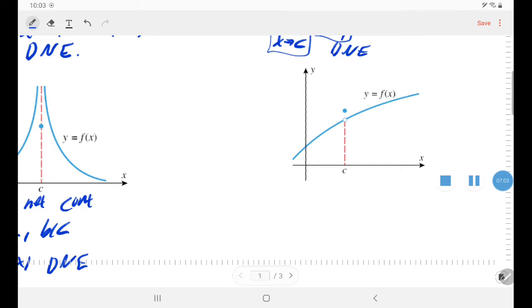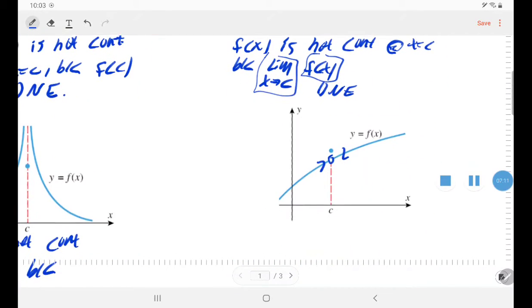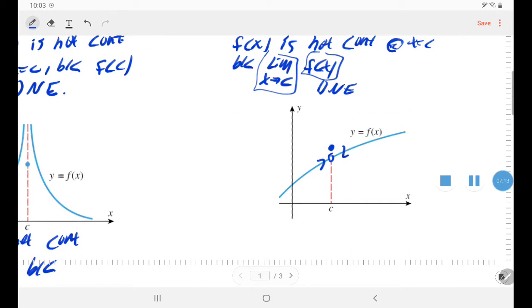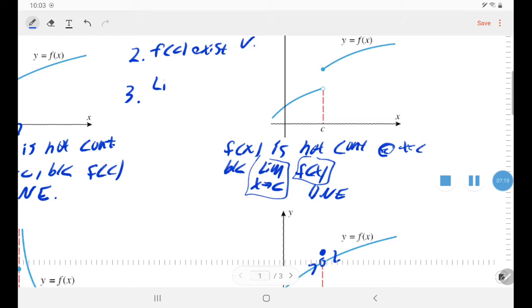Last one. Does my limit exist? Yeah, right there where that hole is. So we're good on criteria 1. Does f of c exist? Yeah, I got a dot right there. Good there too. So that means it's continuous? No. Does the value that I get for the limit equal the value of the function when you substitute?